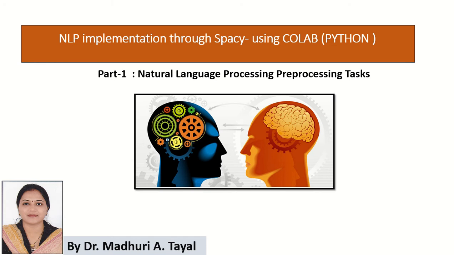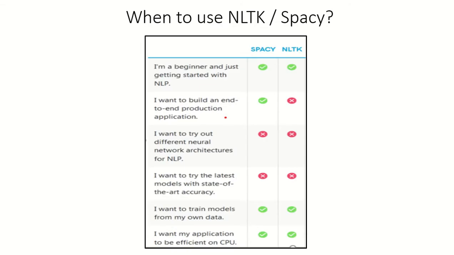So proceeding further. The first question arises: when to use NLTK and when Spacy. If you are a beginner, you can use NLTK and Spacy also. If you want to build an end-to-end production application, then you should go with Spacy. If you want to go with some neural network architectures, you can't use Spacy and NLTK, in both cases.